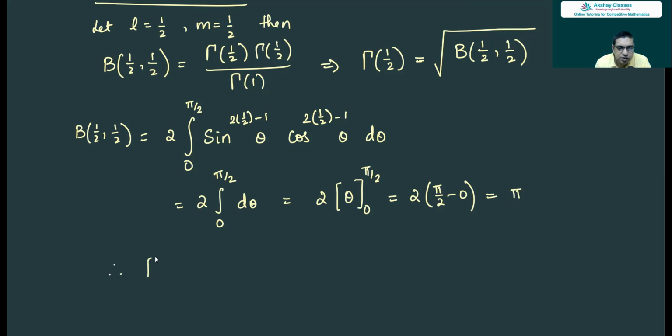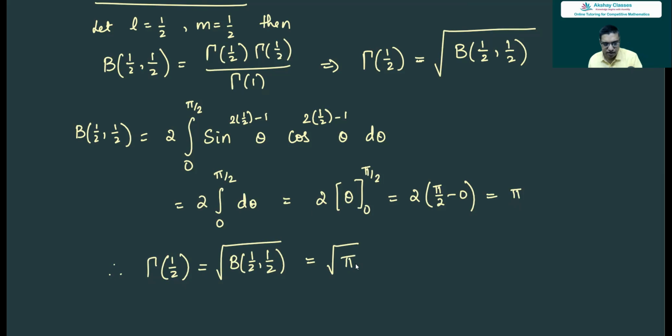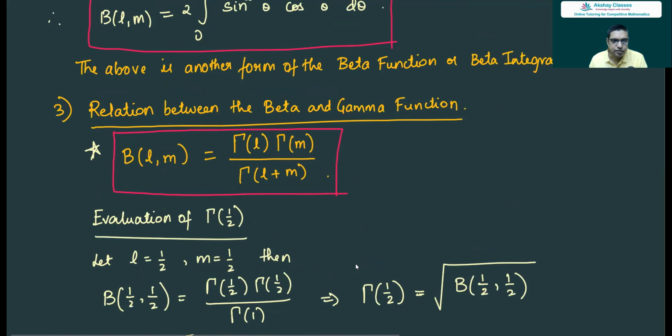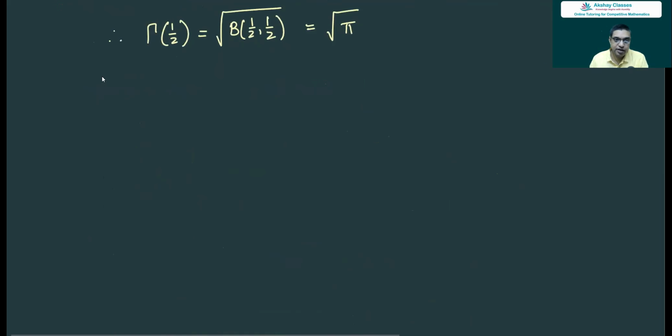Therefore, gamma of half is under root of beta of half comma half, which is under root pi. So gamma of half is under root pi. It's a very important result, this one.